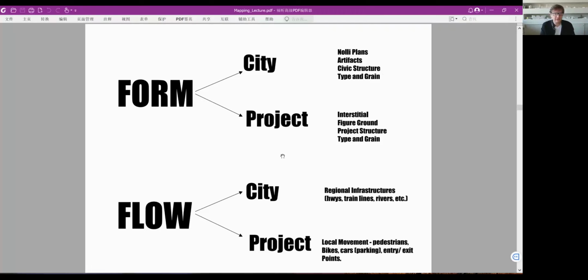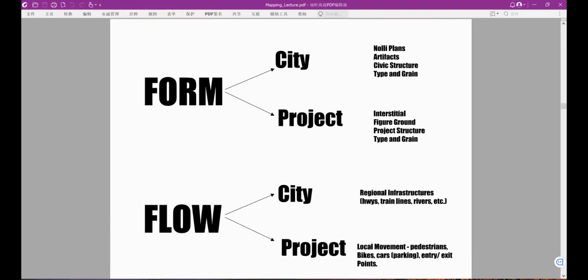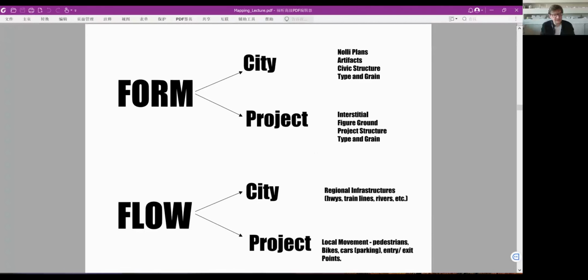And in terms of form, we also analyze the project level: the figure ground, the structure of the project, and the type and the grain, and spaces in between. On the other hand, we speak about the flow. It's always important: don't analyze the form alone.